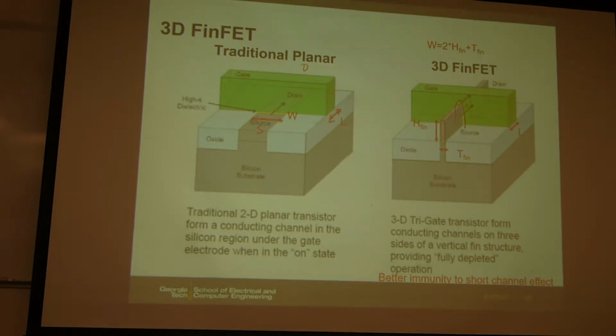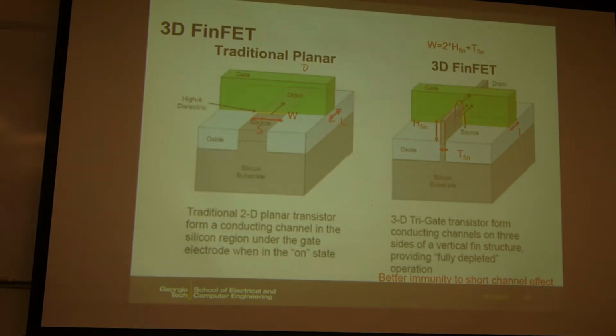And the reason, as we discussed before, is to deal with the short channel effect, because ideally the transistor should be a gate control device, and the method to increase the gate control is to increase the coupling between the gate and the channel. If it's a planar transistor, the gate only covers the top, so the gate to channel coupling is not that strong.